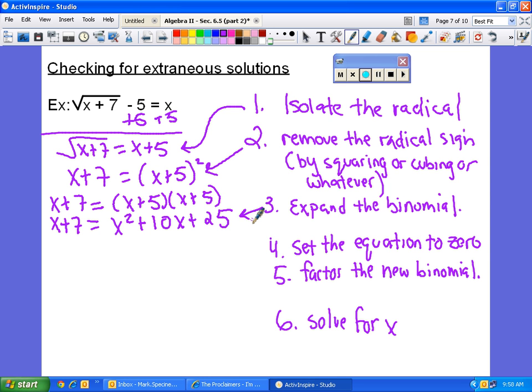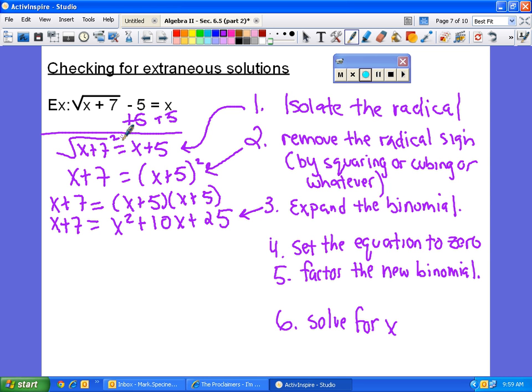Wait, so you remove the square root sign and then you square the other side, right? Right. You're also squaring this side. You square both sides. Oh, you do? Yes.